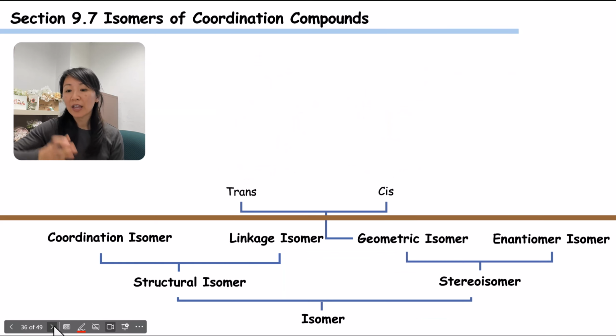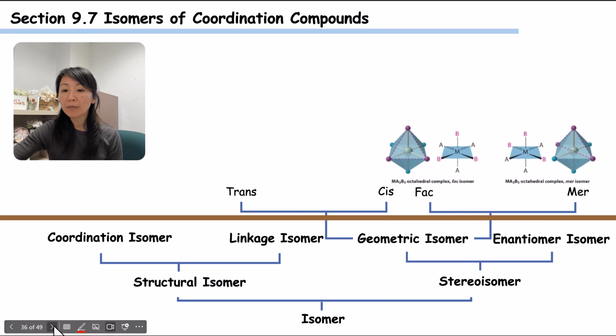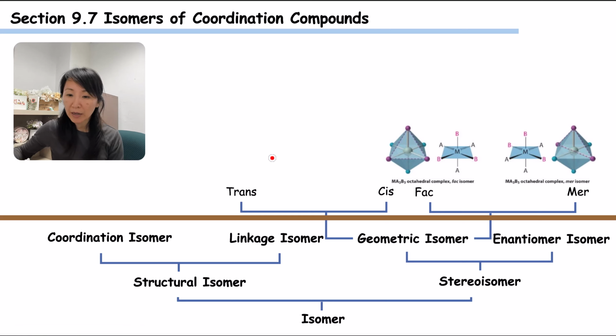Now let's go into the other side of the geometric isomer. Remember, for geometric isomers there's cis and trans, and there's what is called FAC and MER. An example will look like this. Say you have a transition metal in the middle. TM represents the transition metal.